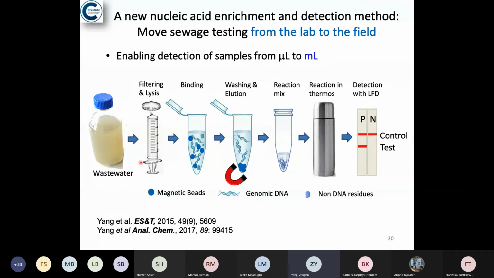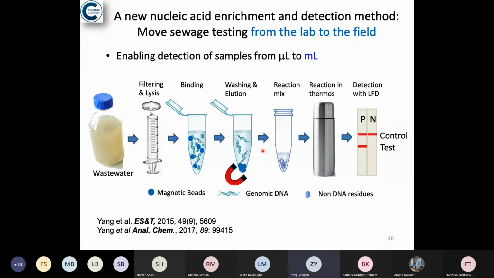So we developed this syringe-based method, which concentrates nucleic acid from the wastewater and uses magnetic beads to purify those nucleic acids, and then performs a LAMP reaction, which can be achieved at 60 to 65 degrees typically.